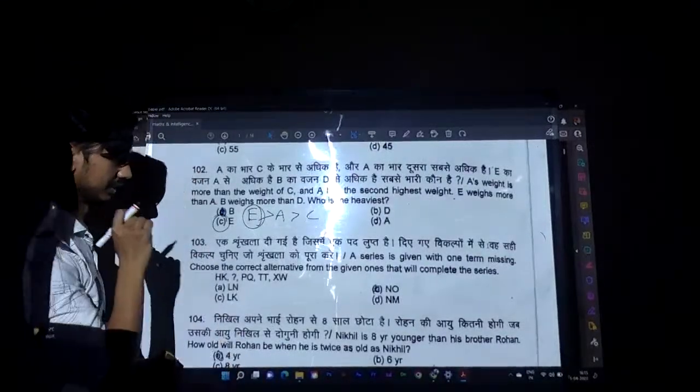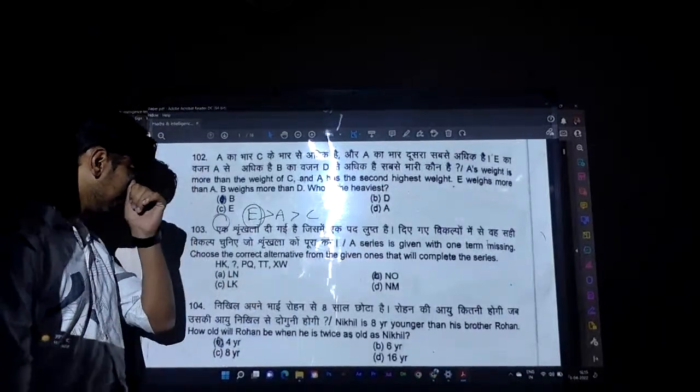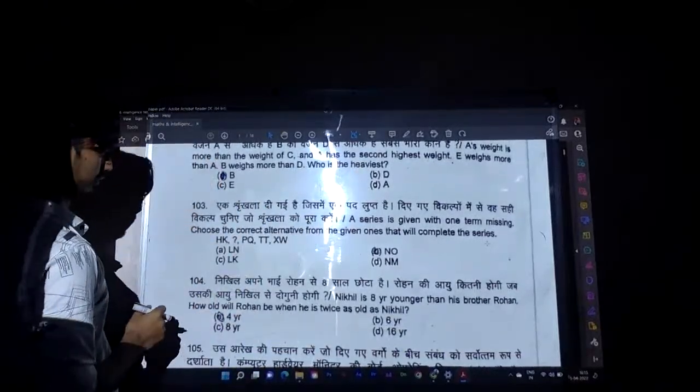Let's come to the third question. In this question, a series is given with a missing term. We have to choose the correct alternative to complete the series.